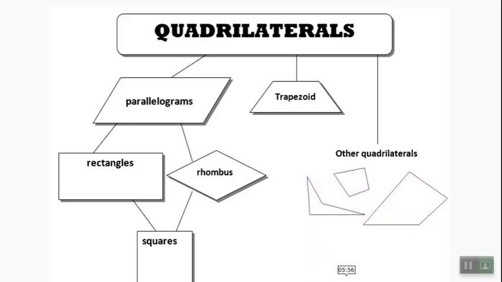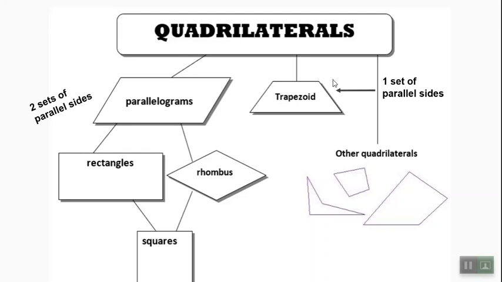And then we also have other quadrilaterals. Now remember, a parallelogram has two sets of parallel sides. We have the lines that will go on and on forever on the sides and on the top and the bottom.